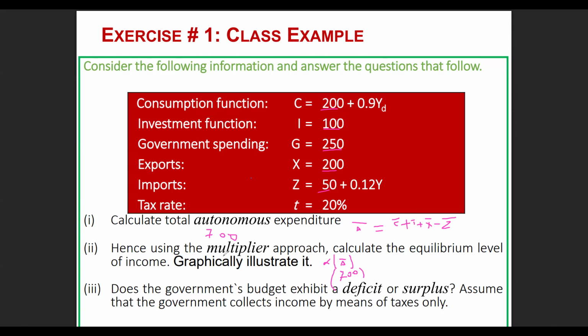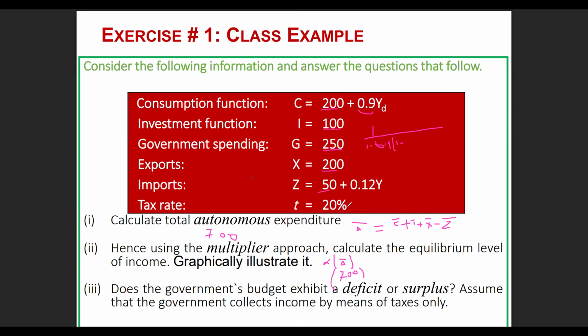And we know that to calculate the multiplier, you just say, let me just write here. You just say 1 over 1 minus C, which is MPC. MPC is here, right? 0.9. And then you open your bracket, you say 1 minus the tax rate, which is 20.